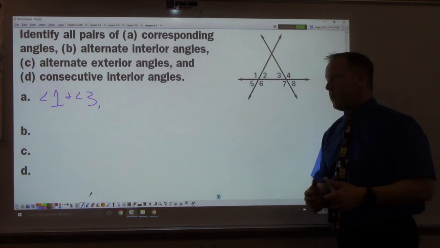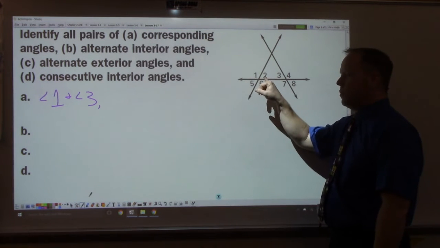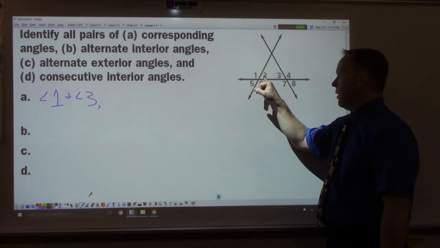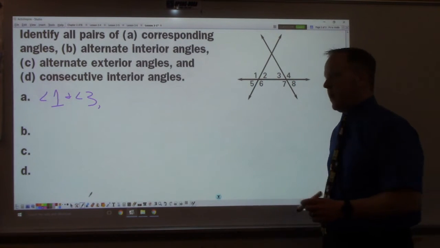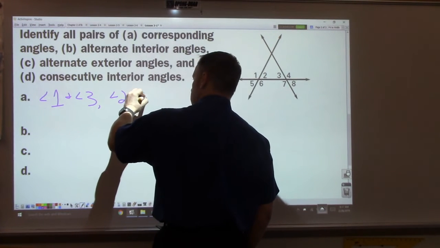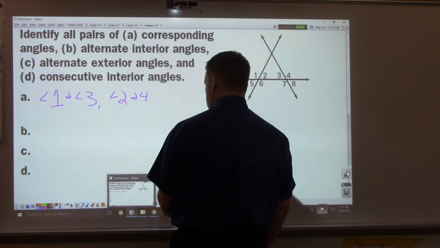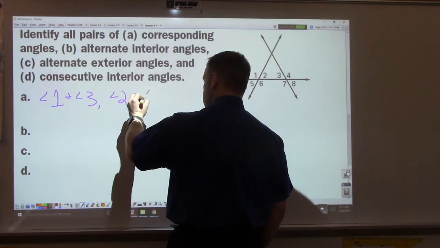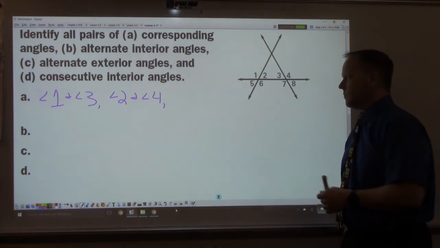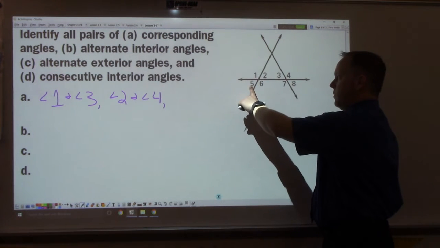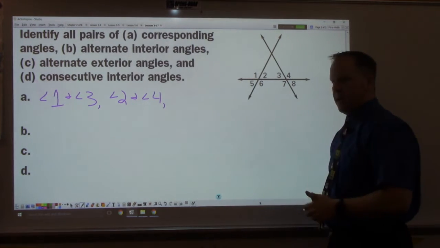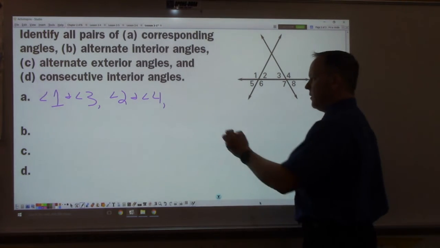What would be the second pair? Moving on, angle 2, still on the top of the transversal, but now I'm on the left side of the line. So angle 2 corresponds to angle 4. Now we go to the bottom of the transversal. 5 is on the bottom and it's on the left. 5 corresponds to angle 7.